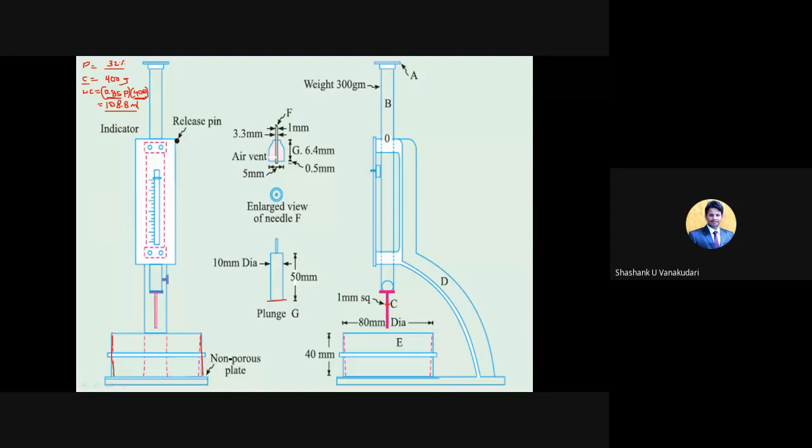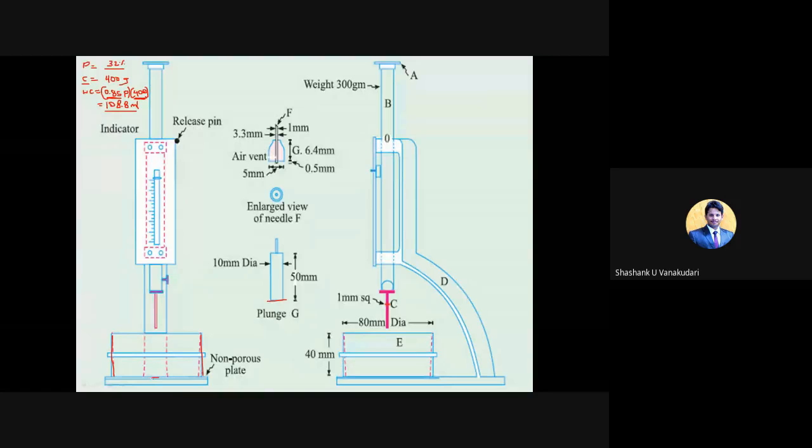But here, the needle directly touches the bottom plate. Because the cement will be in a moist consistency in its nature, I mean it is a standard cement paste. So when this needle penetrates, obviously it is going to reach the bottom plate.